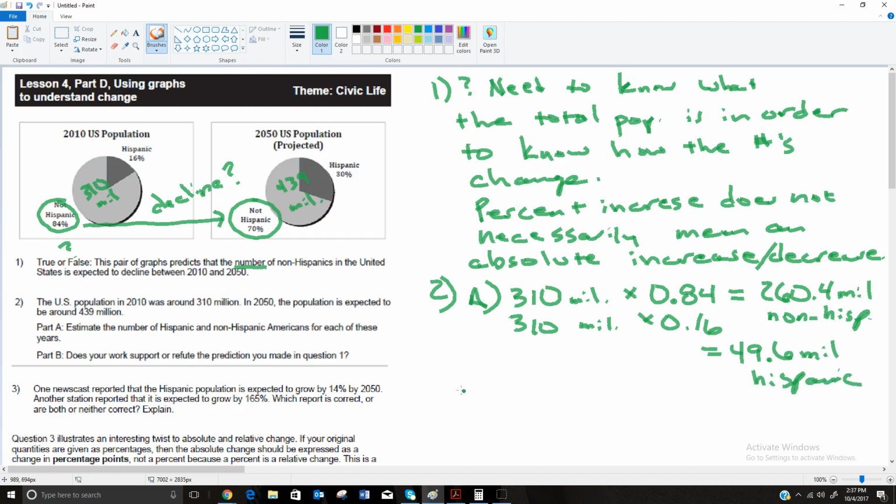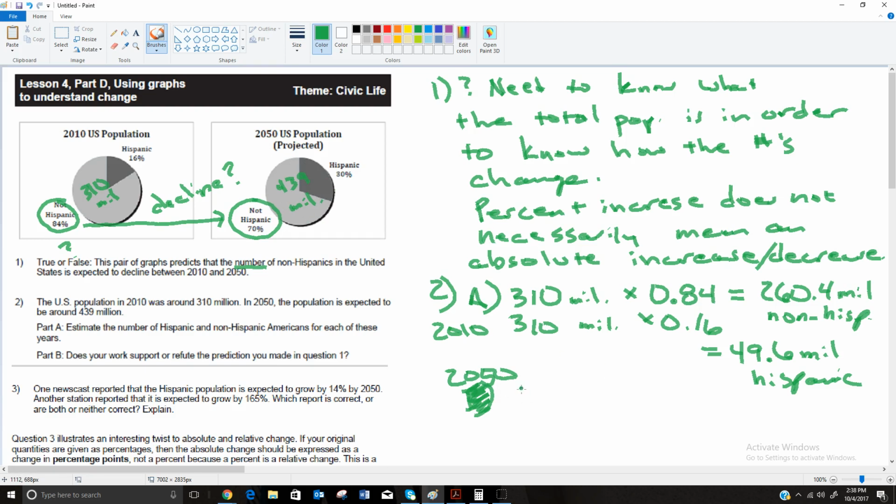Okay, so now for part B, of course we want to look at, sorry, that's not part B yet. We're still on part A. So now we want to look at 2050. So this was in 2010. We'll put that off to the side here. Now we want to do 2050. So we're going to do the exact same thing, but with the 439 million number and the new percentages.